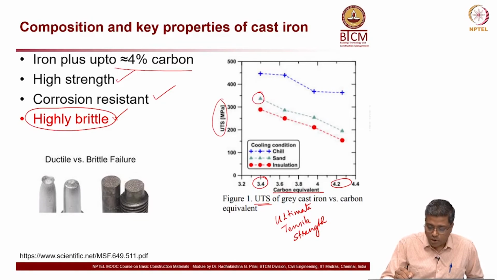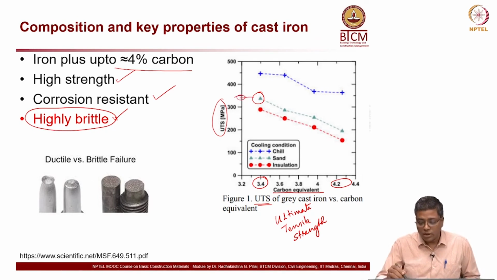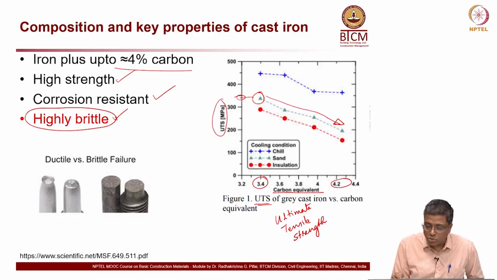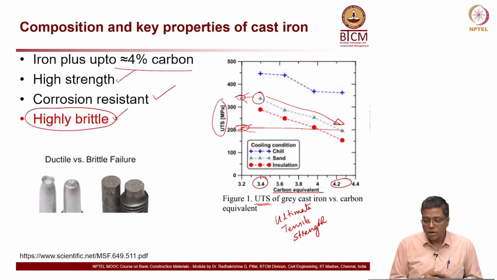Okay. At 3.4% carbon, the strength is about let us say 350, and when it reaches about 4.2, the strength decreases to about 200. You can say this is about 200, right? Okay.